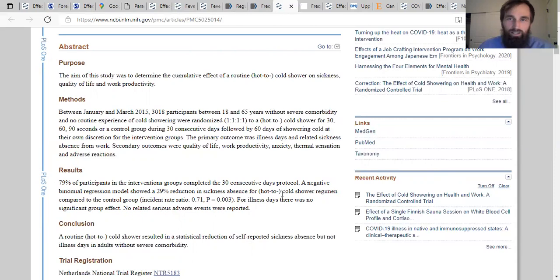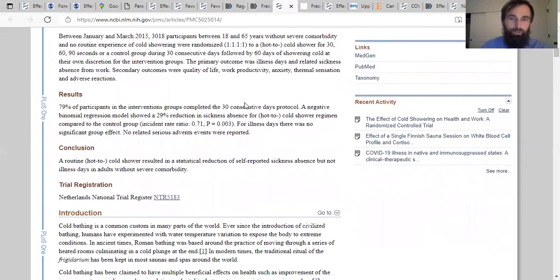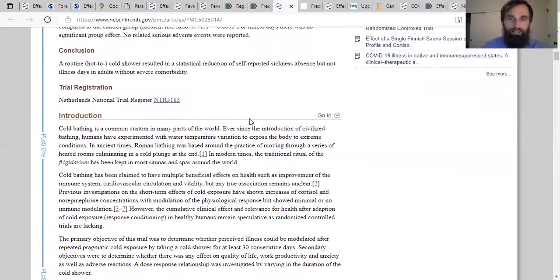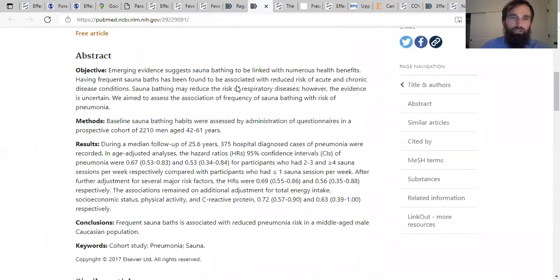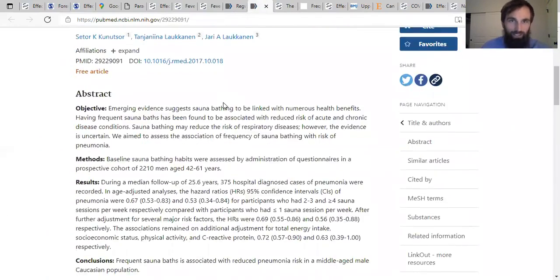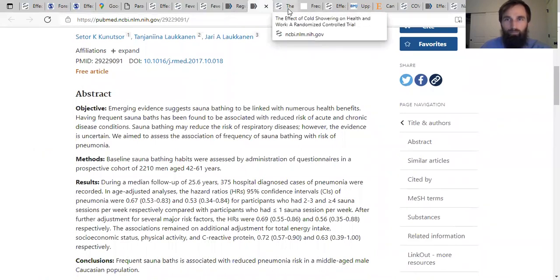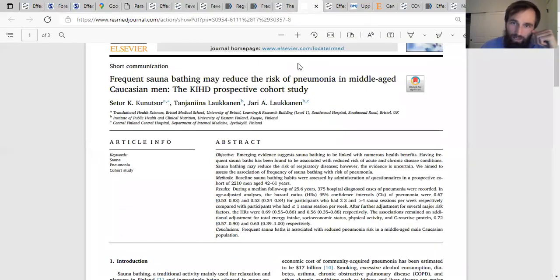So 29% reduction in illness just from a hot and cold shower. Your body's not making a fever response because you're not that sick, but just doing the hot and cold shower, just doing the sauna bathing is going to help prevent you from getting sick in some cases. It's going to increase your chances.